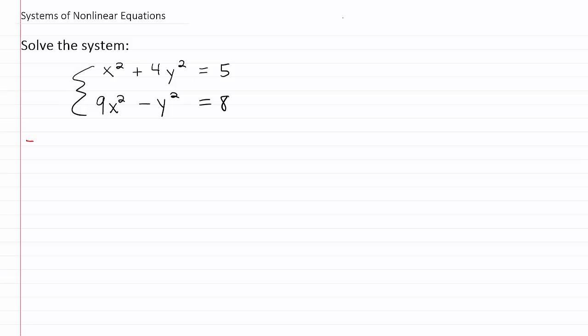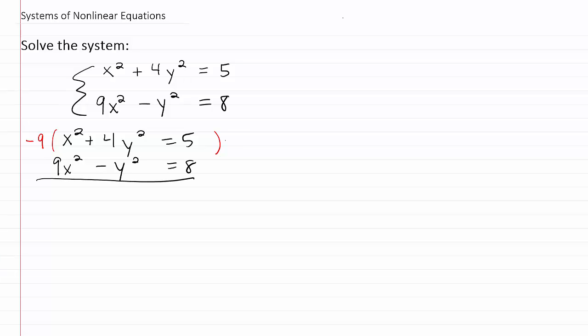So I'm going to do -9 times equation 1, which is x squared plus 4y squared is equal to 5. And then I want to add to that equation 2, which we know is 9x squared minus y squared is equal to 8.